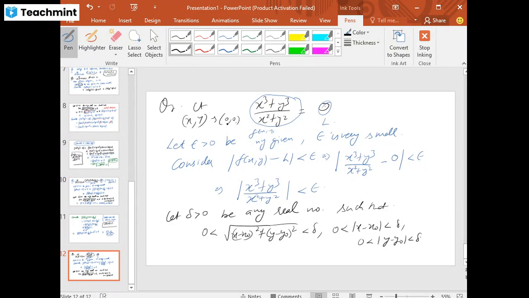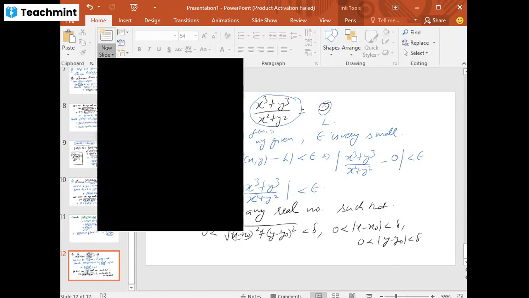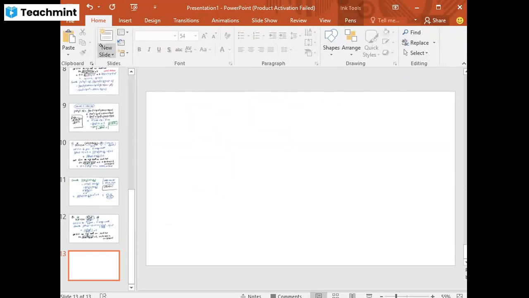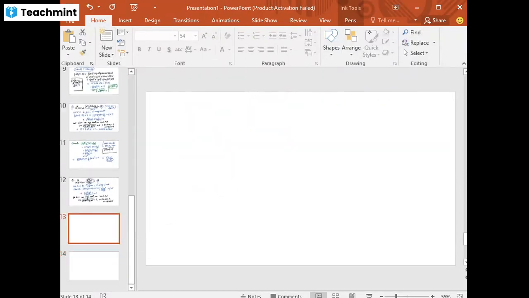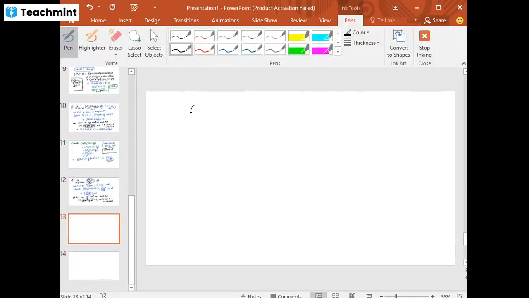And here the value of x naught and y naught is 0, 0. So if we choose x naught and y naught to be 0, 0, then we are given 0 is less than the square root of x square plus y square is less than delta, which implies that mod of x is less than delta and mod of y is also less than delta.